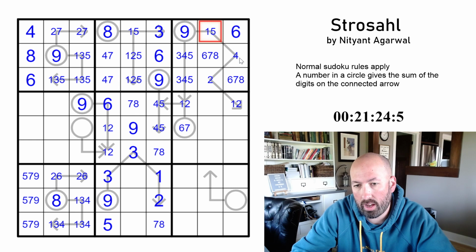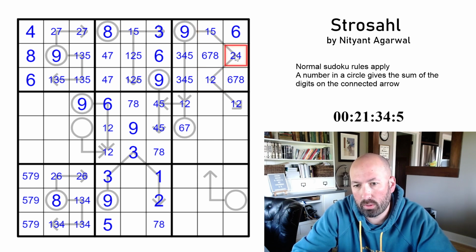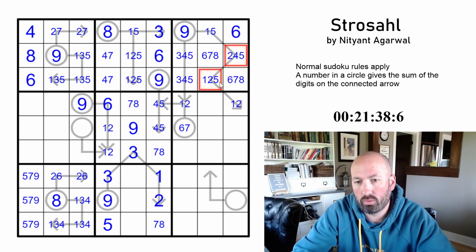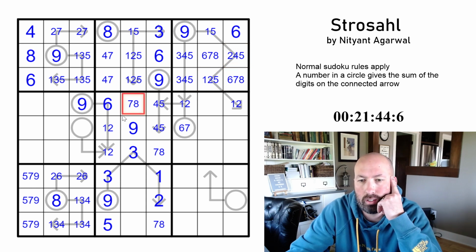So if this is a 5, these would have to be 1 and 2 with a 1. So this would have to be 2, 1. But it could also be 1, and these could be 2, 5. Okay. Still a lot of options there, I guess.